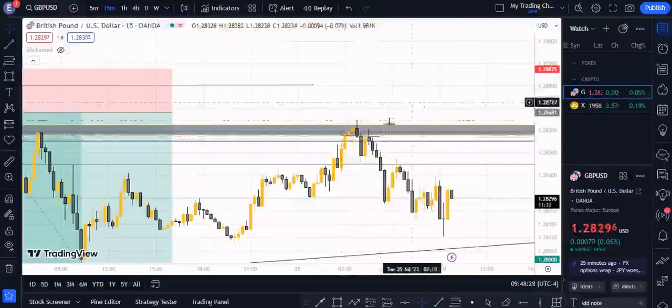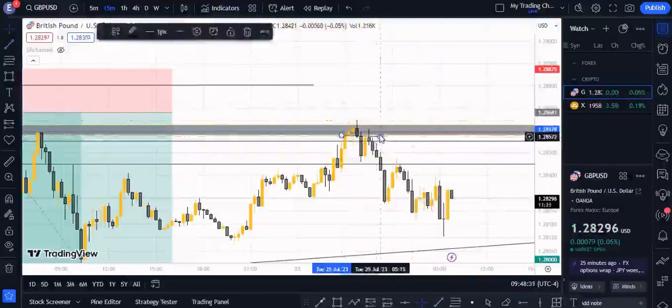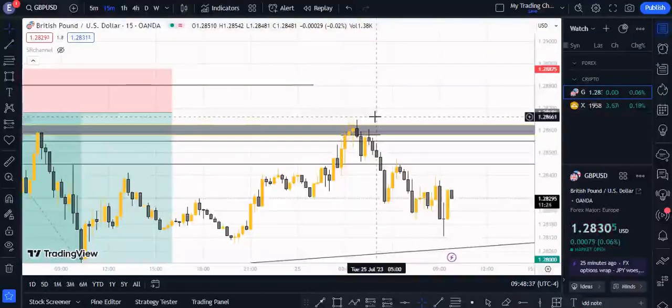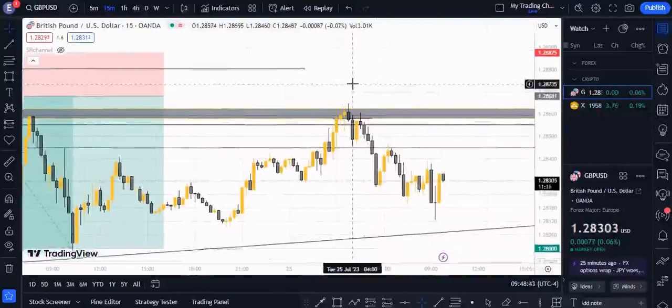A close above the candle gives us the probability that the market is going to shoot to the downside.